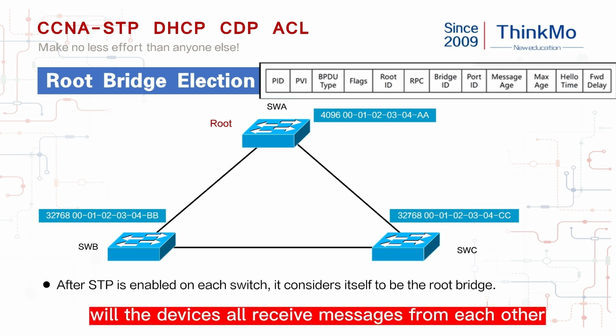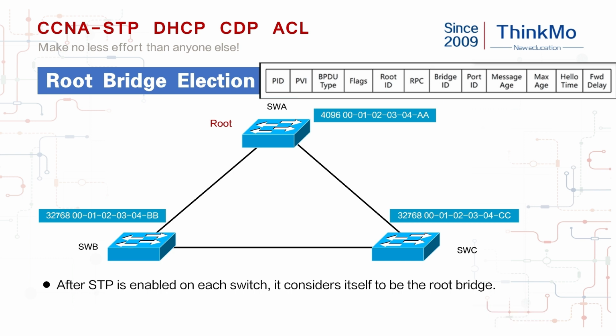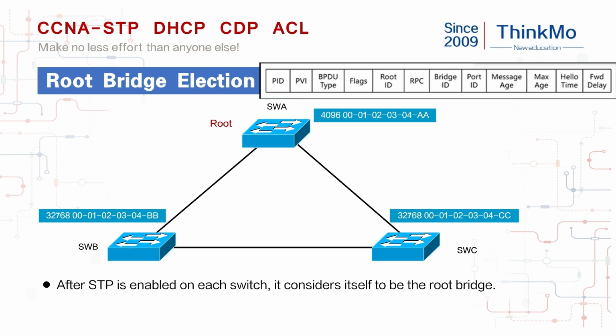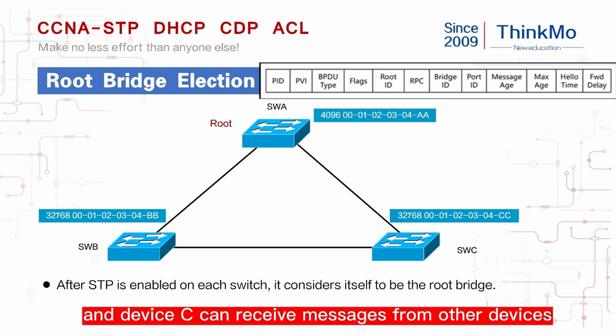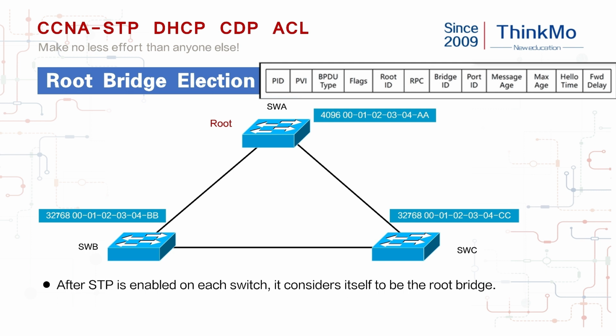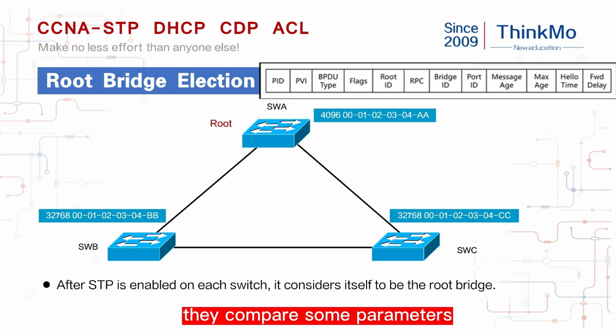Will the devices all receive messages from each other? That is, device A, device B, and device C can receive messages from other devices. They are interconnected 2 by 2. Then after receiving, they compare some parameters to determine who is the root.